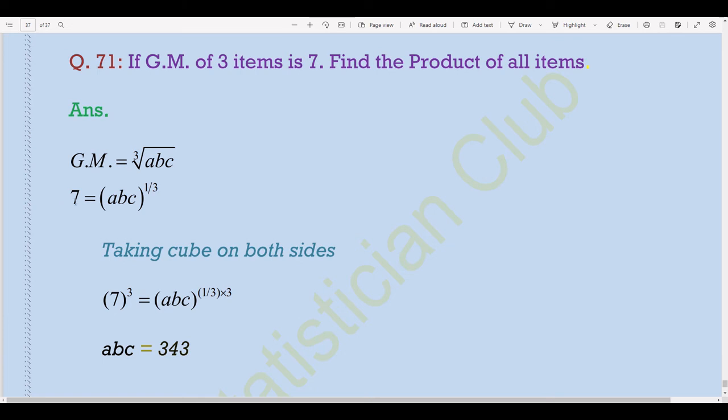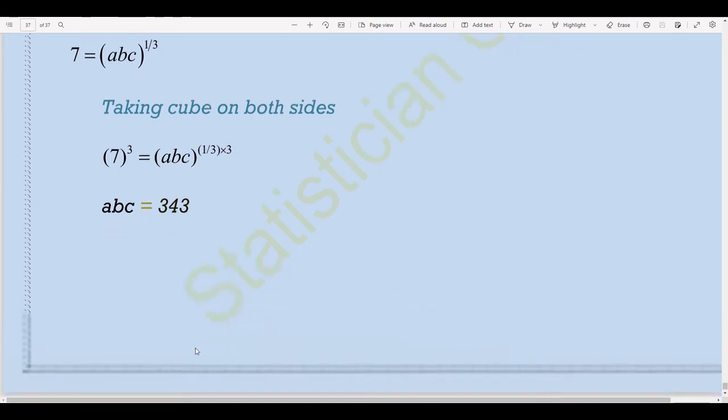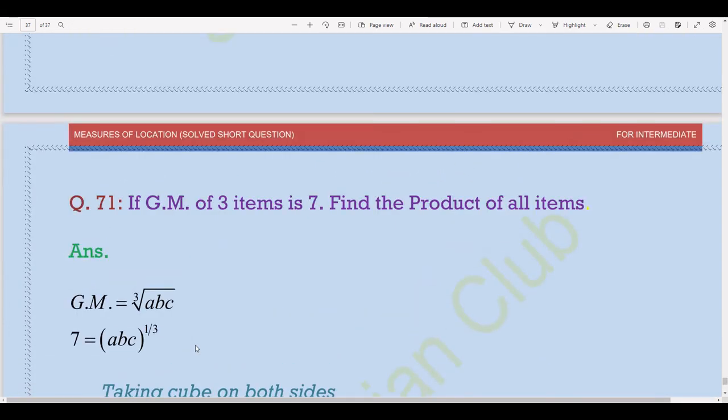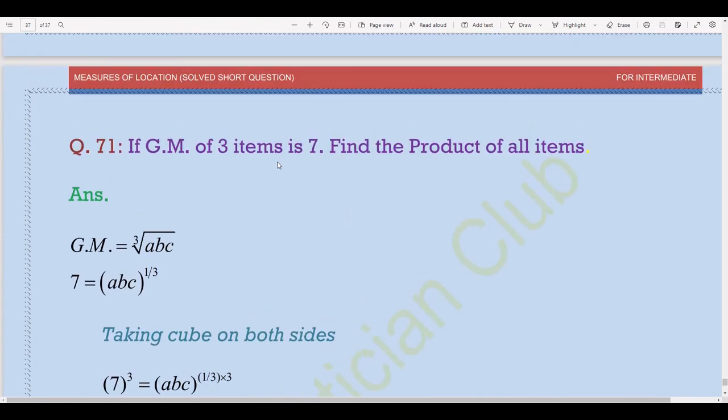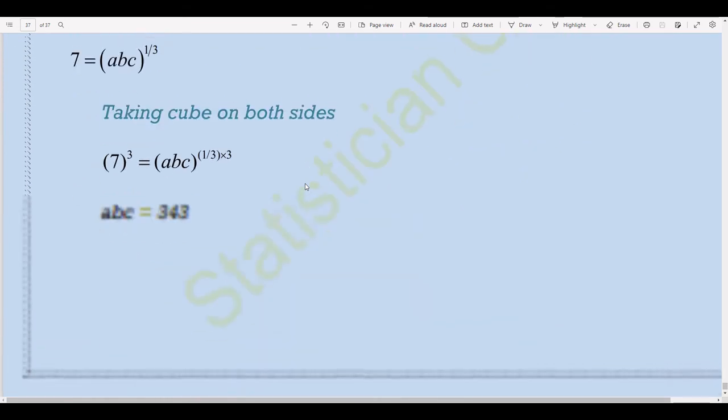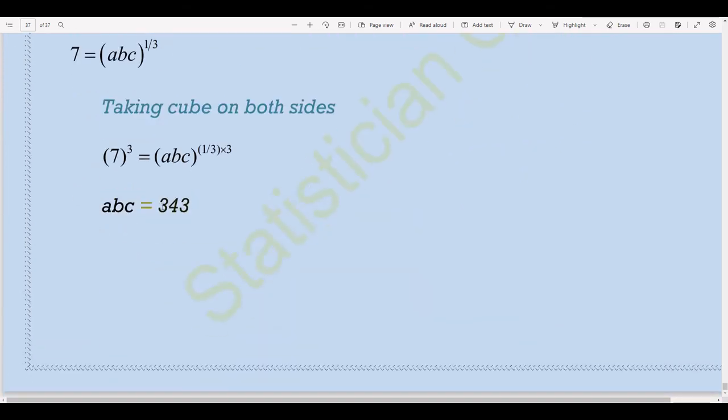Put geometric mean 7 is equal to (a b c) to the power 1 over 3. Taking the cube on both sides, a b c is equal to 7 cubed, 343. So we find the product of all terms. We have 3 terms a, b, c, and our task is to calculate their product.